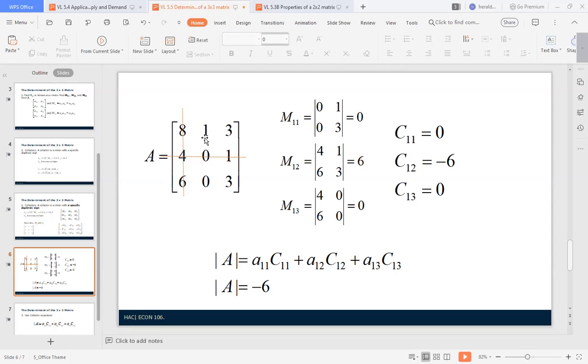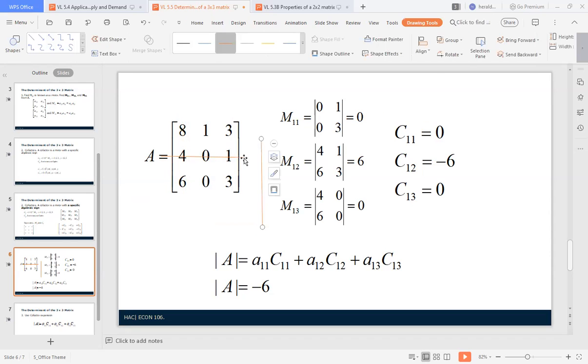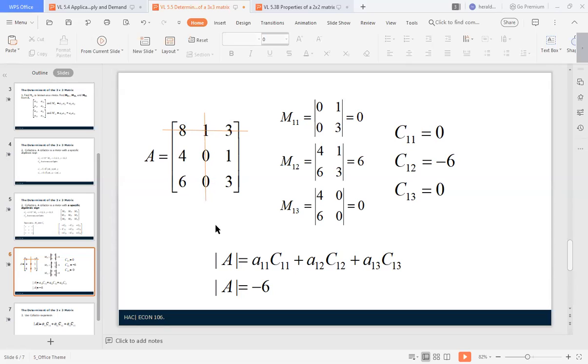Let me correct myself. M12 is here, so that's 4 1, 6 3.